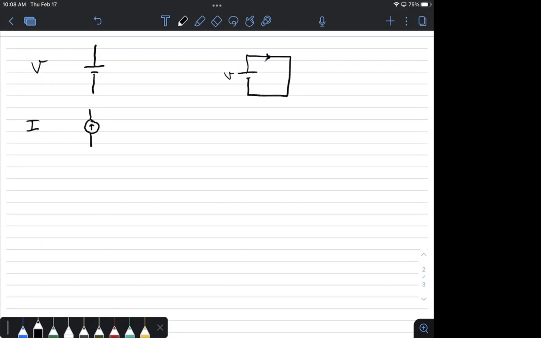So maybe you have some really big complicated circuit and you're going to look at a small piece of it, right? So if you have this huge circuit with a whole bunch of stuff going on, and we only want to look at what's going on right here. So what we would do is we would analyze, like, okay, there's some current source coming into this thing. And then we have the rest of the circuit going on, whatever is happening here.